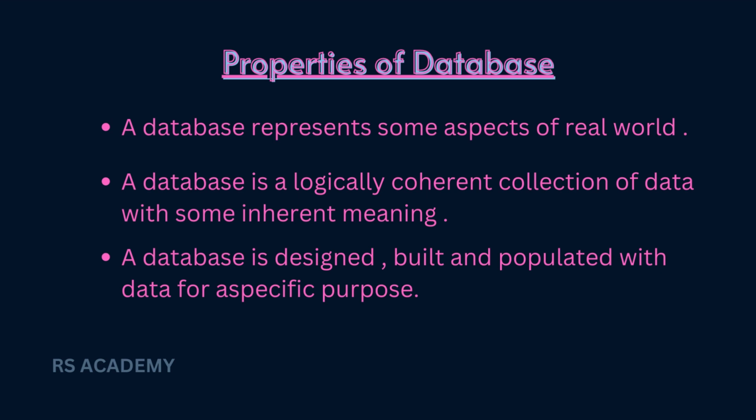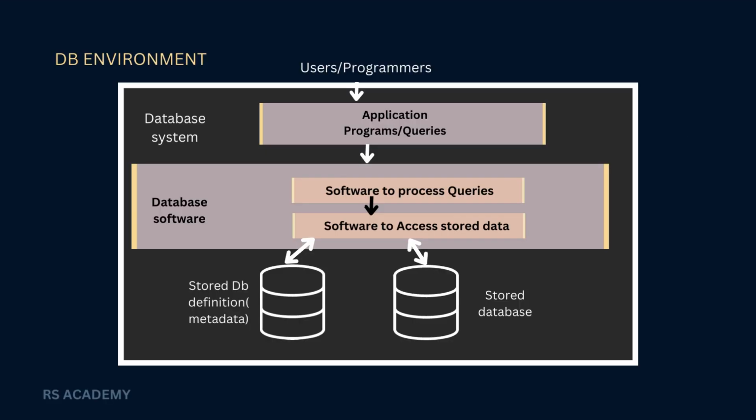Now, let us look into an illustration of a database system environment. So here we have the user or programmer who writes queries or programs. And these queries or programs are processed by the DBMS software. Then based on the processed queries, the DBMS software accesses the data in the database.